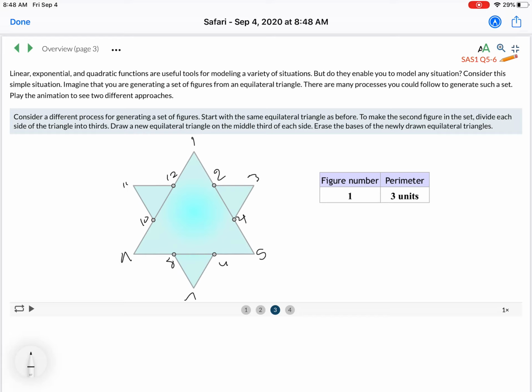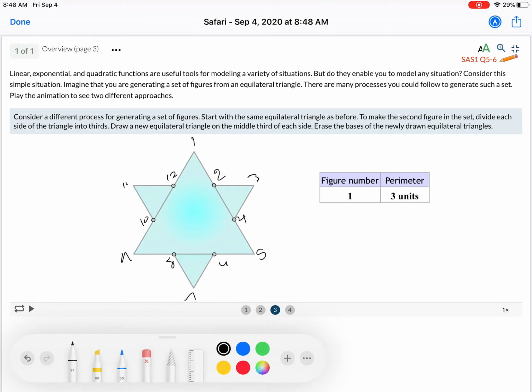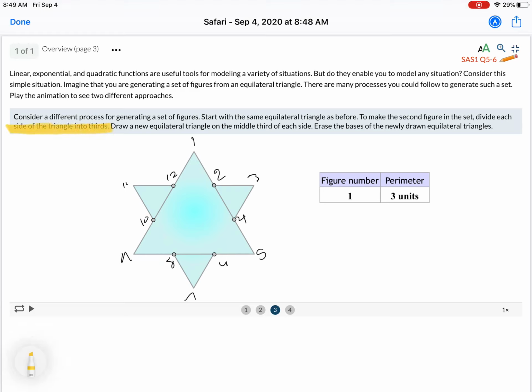All right, and if you look up, let's see, where is it at? In the gray part, it says consider a different process for generating a set of figures. Start with the same equilateral triangle as before. To make the second figure in the set, divide each triangle into thirds.